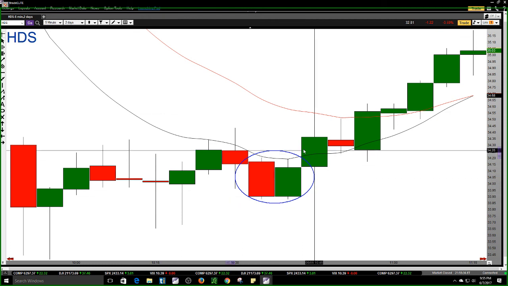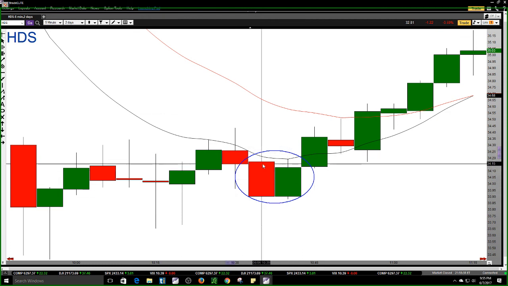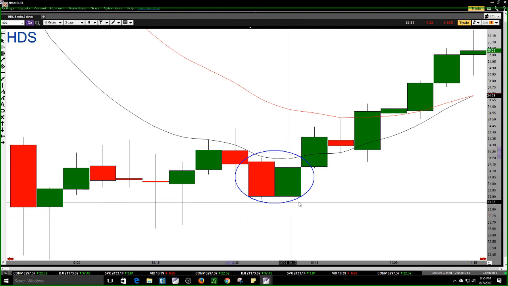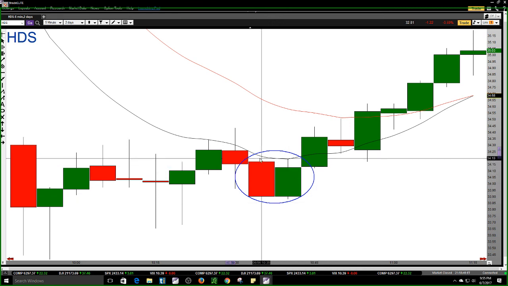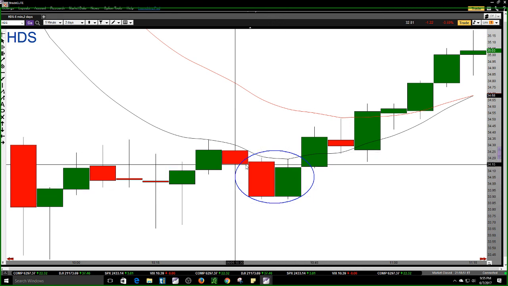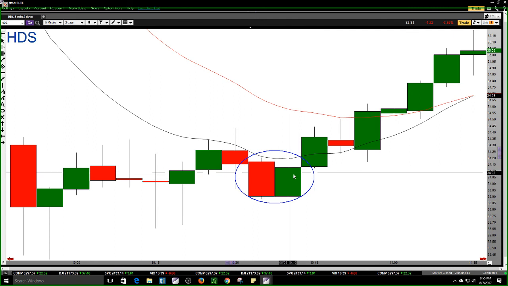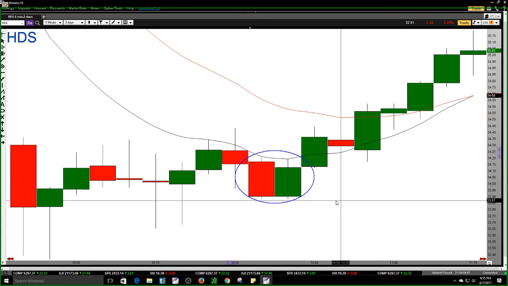So wouldn't that be a small fib understanding in itself, something deeper than just a Piercing pattern, resulting in something much bigger, into a fib area?